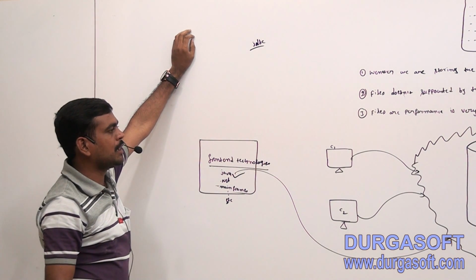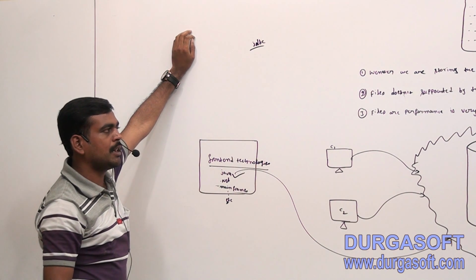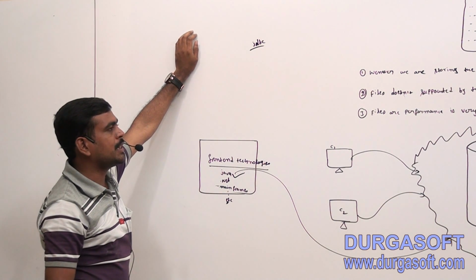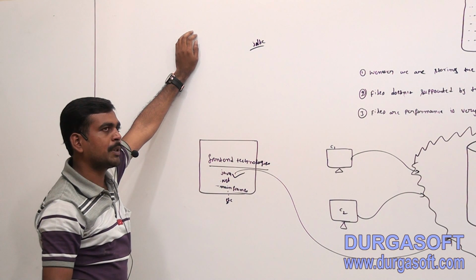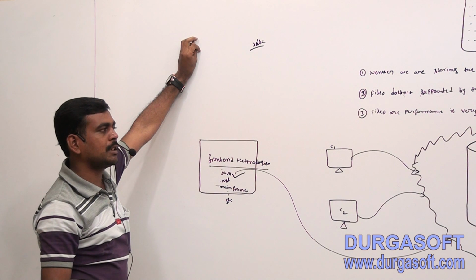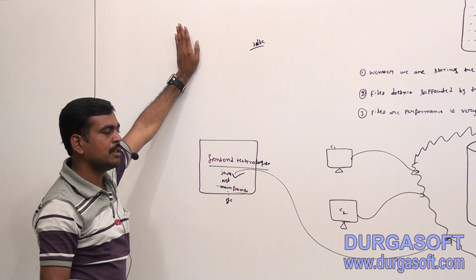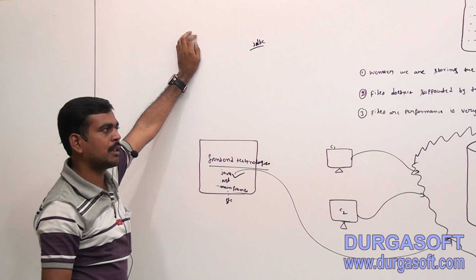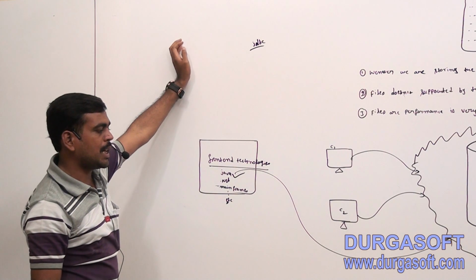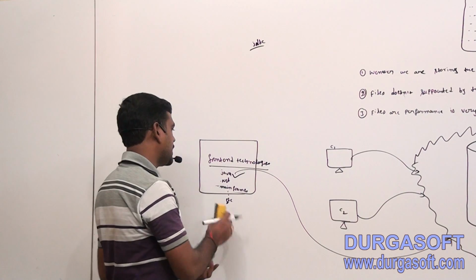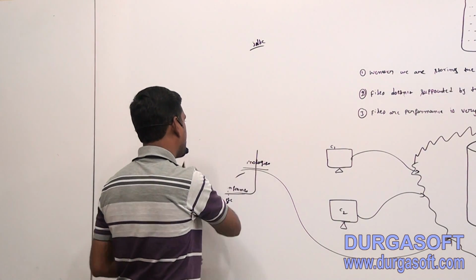Using JDBC technology, we can connect to the database and perform database-related operations. Java technology provides this JDBC concept. Now as part of JDBC, what are the concepts we will see here.